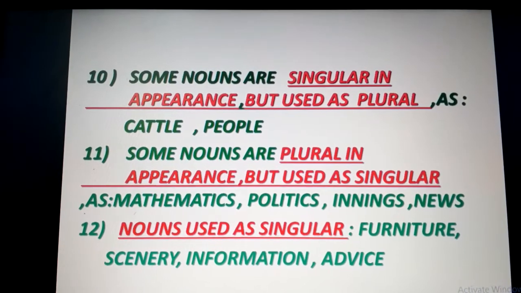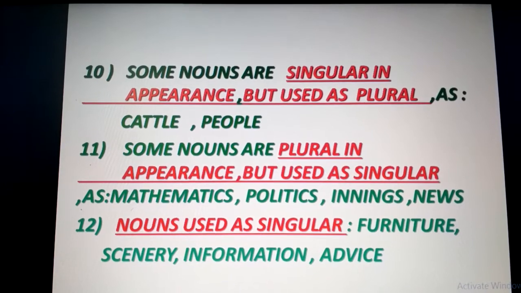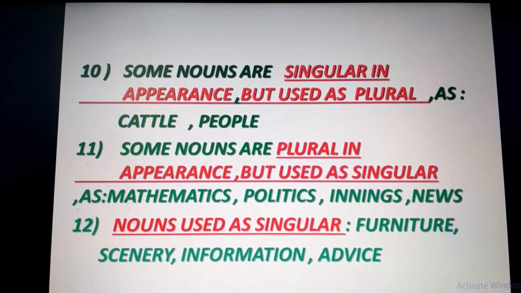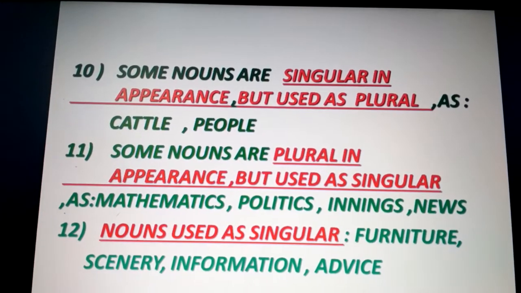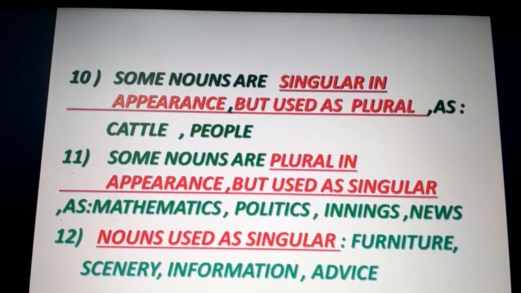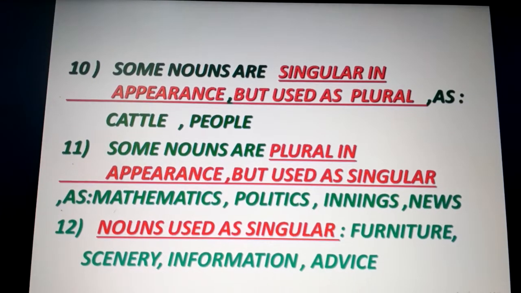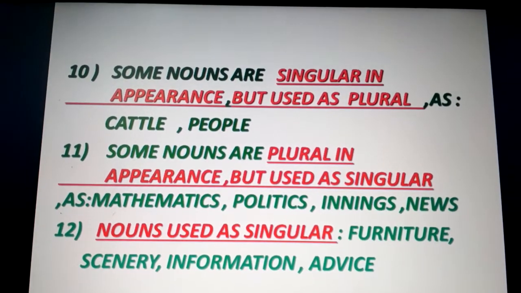Some nouns are singular in appearance, dear children, but their use is just like a plural word. For example, cattle, people. Some nouns are plural in appearance. They appear to be plural.